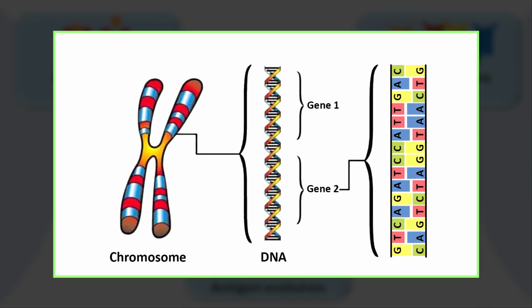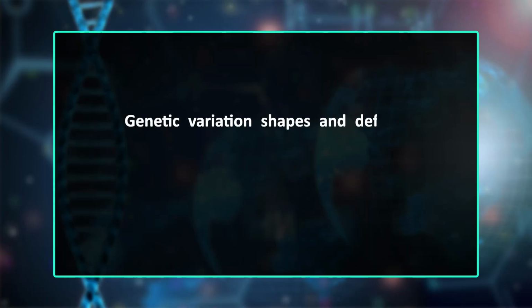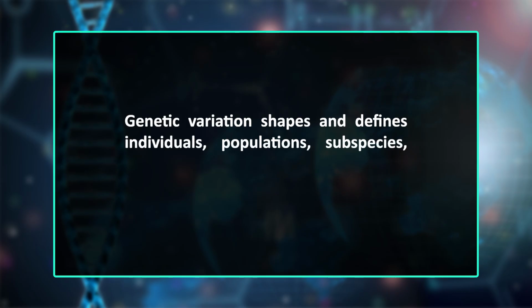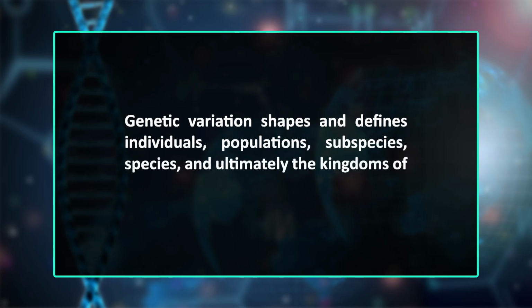Genes are the fundamental units of biodiversity, the raw material for evolution, and the source of the enormous variety of plants, animals, communities, and ecosystems that we seek to protect, admire, and use. Genetic variation shapes and defines individuals, populations, subspecies, species, and ultimately the kingdoms of life on Earth.